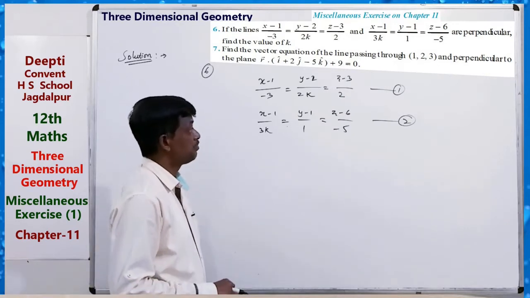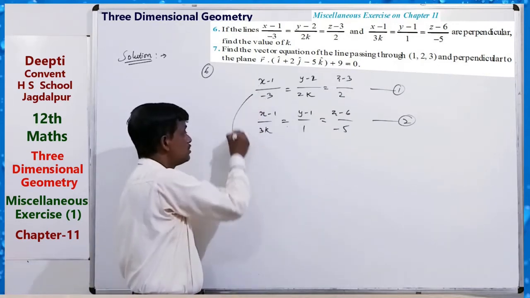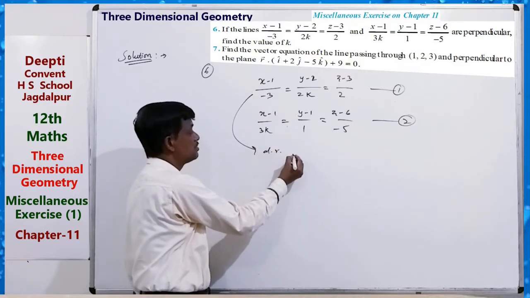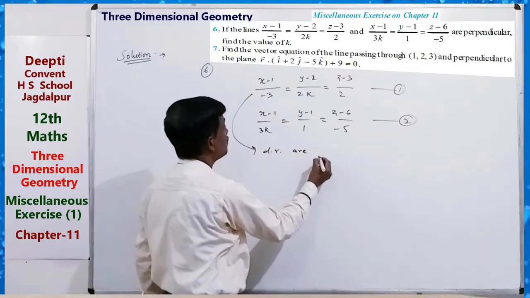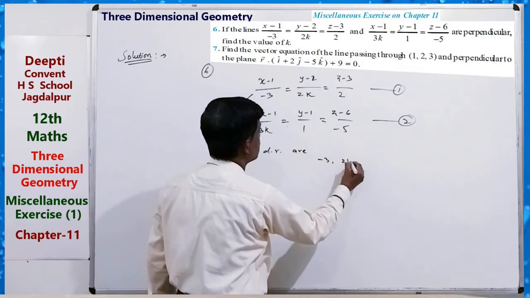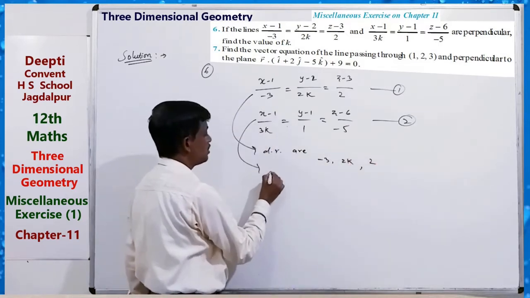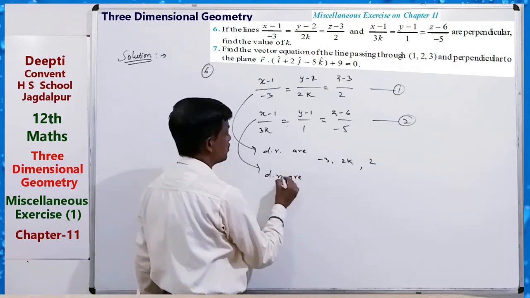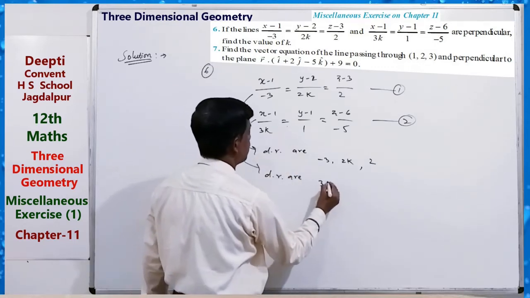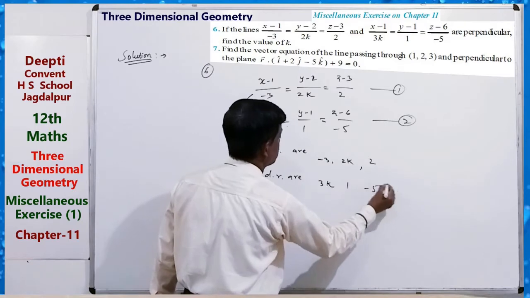So here the direction ratios are minus 3, 2k, 2 and 3k, 1, minus 5.